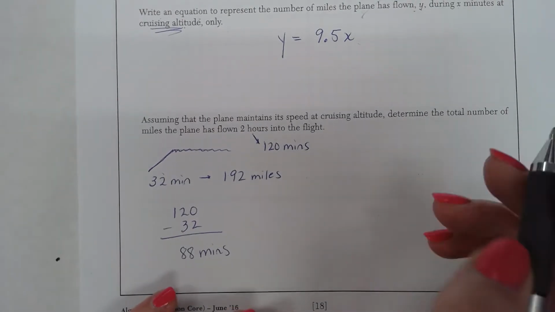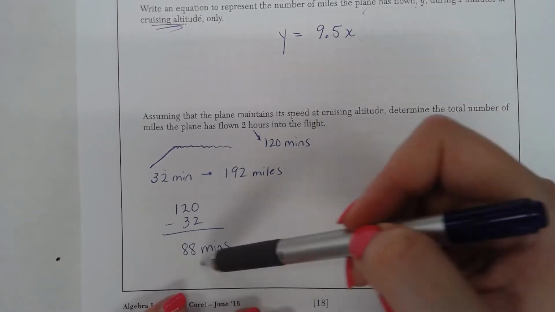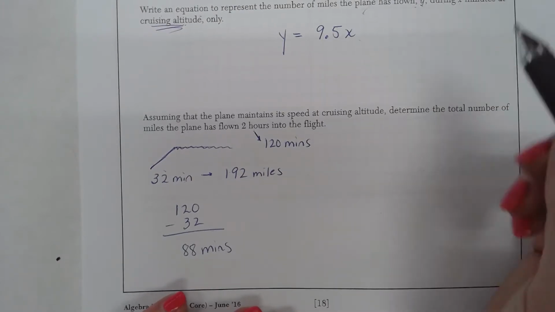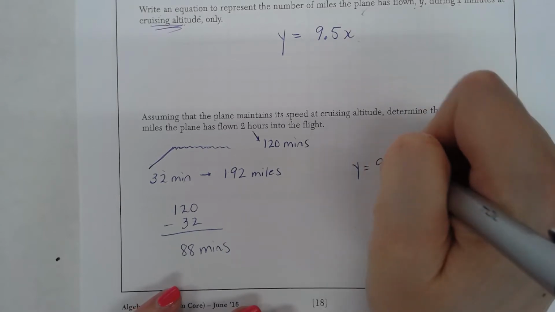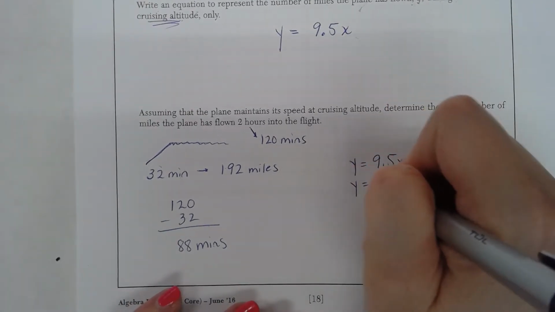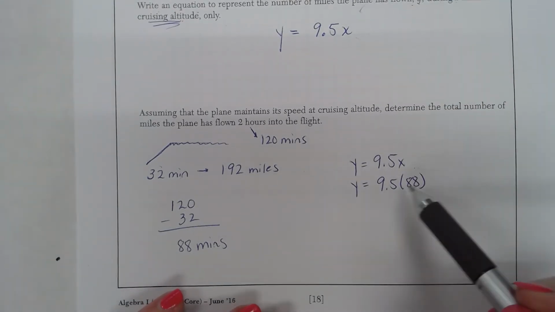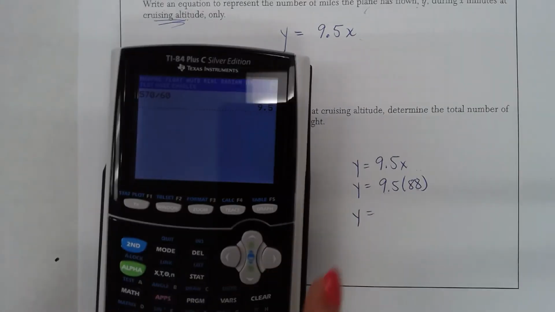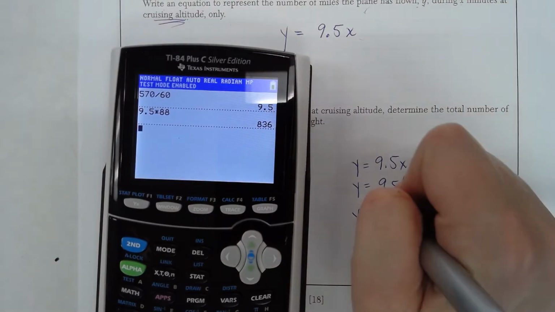So, what's the speed? Those 88 minutes, I was going 9.5 miles per minute. That's from the previous section. That's my equation. So I spent 88 minutes at cruising altitude. When I multiply those, I get 836.